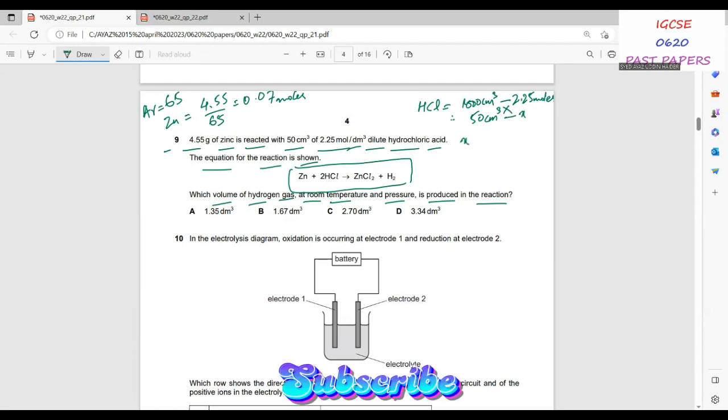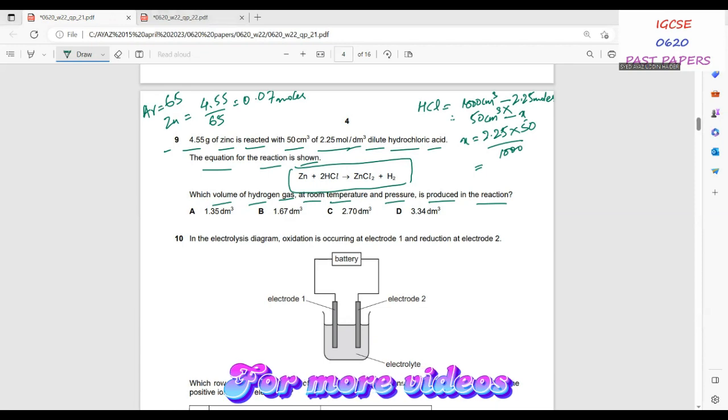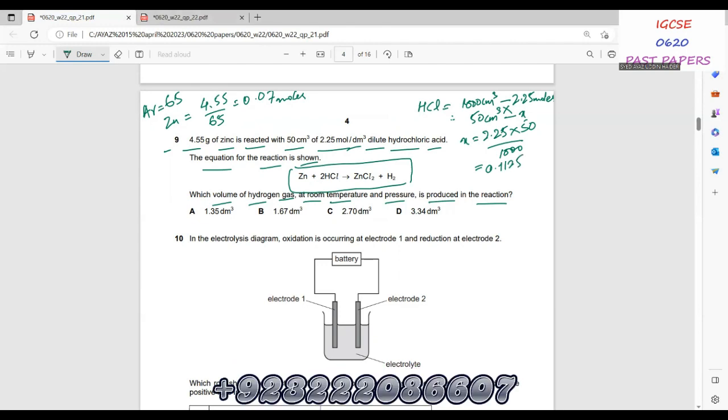So X is equal to 2.25 multiplied by 50 divided by 1000, which is 0.1125.